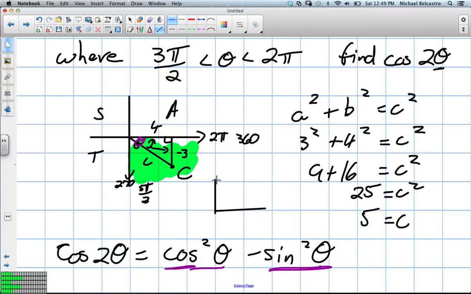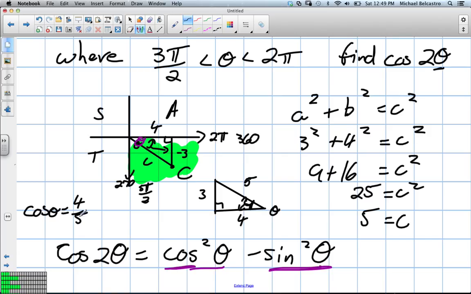We have our triangle now. This is our 4, this is our 3, and this is our 5. And we know we're talking about this specific angle here. Well, I can tell you what cos and sine theta are equal to. From here, cos is adjacent over hypotenuse, so cos theta is equal to 4 over 5, right?